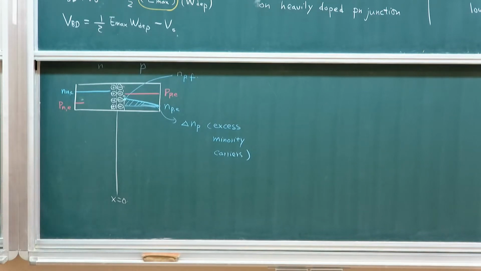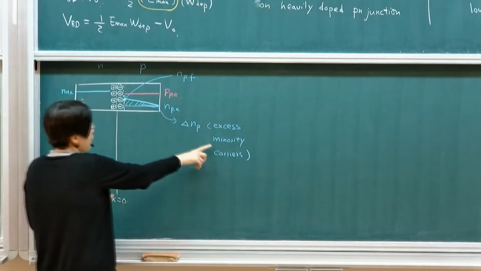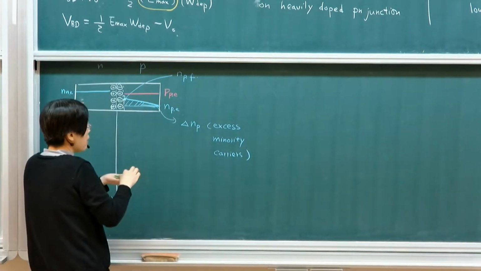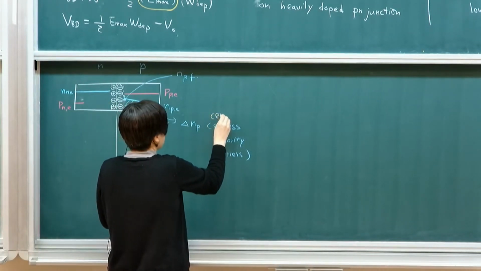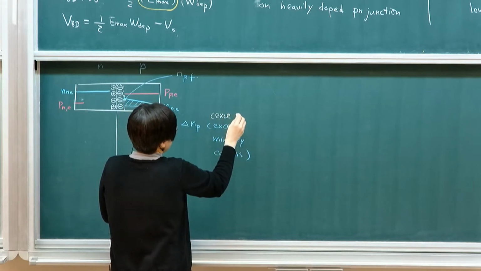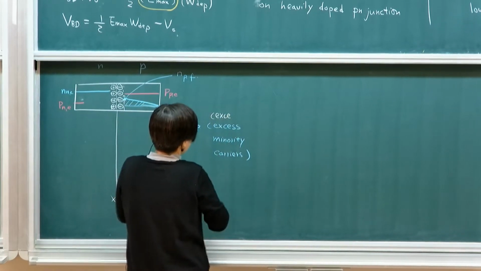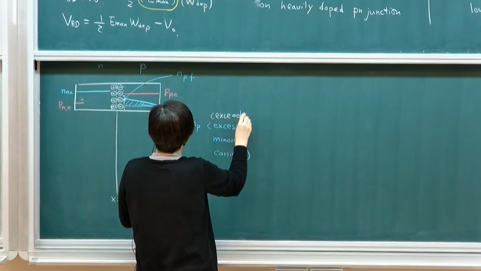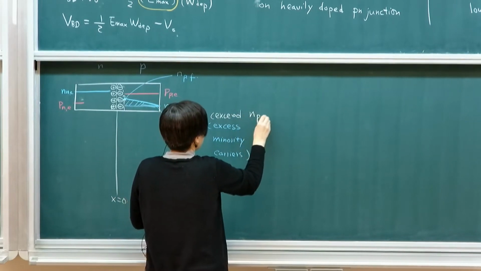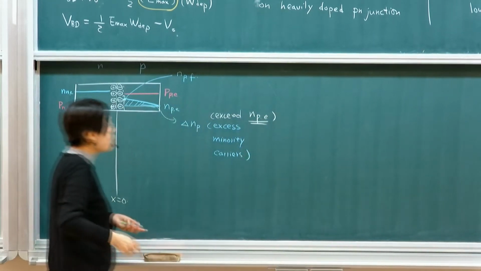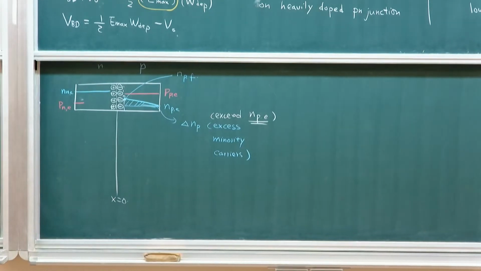So the basic idea is that first you need to observe that once I reduce the barrier, I allow these carriers to diffuse through the barrier, and when they come to the other side, they become excess minority carriers, meaning that they exceed NPE. The excess simply means that it exceeds its balance level, or equilibrium level.